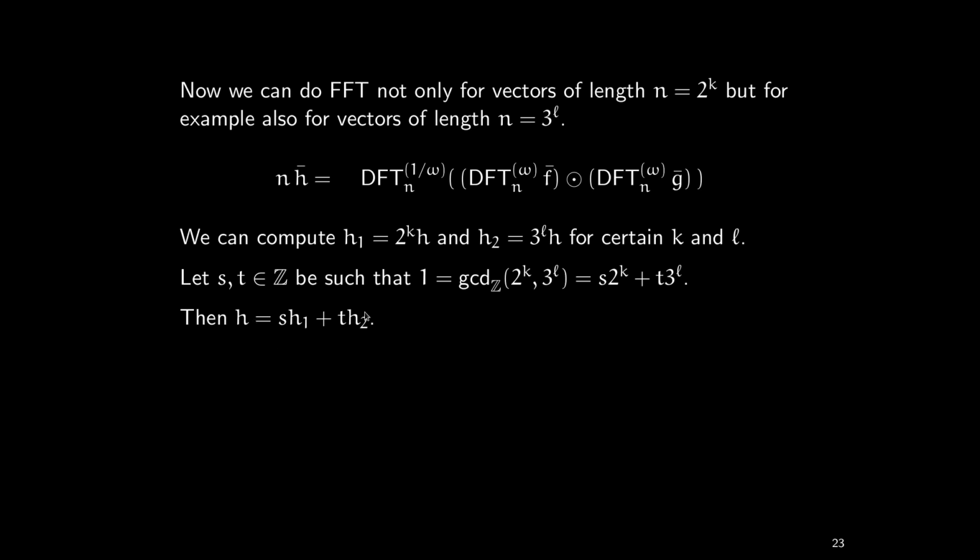And it doesn't cost us much, because this GCD is for free. This is something we have to do only once. It doesn't really depend on n. It's just a little bit of integer arithmetic. Now the multiplication of s with this vector costs something. This takes linear time. But that's okay. And this also takes linear time. That's also fine.